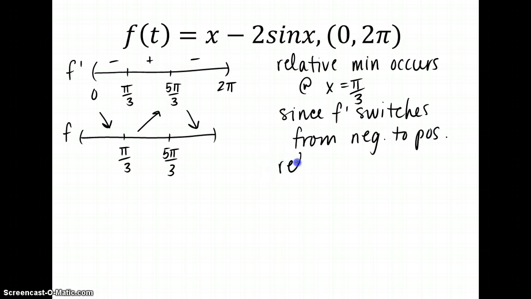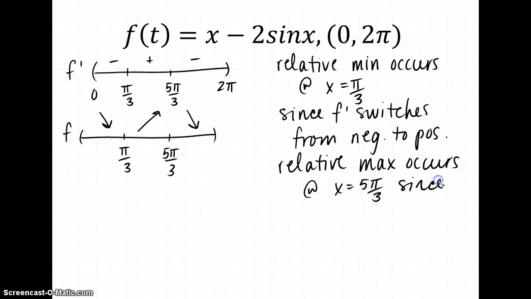And then we would say a relative max occurs at 5 pi over 3, since the derivative switches from positive to negative.